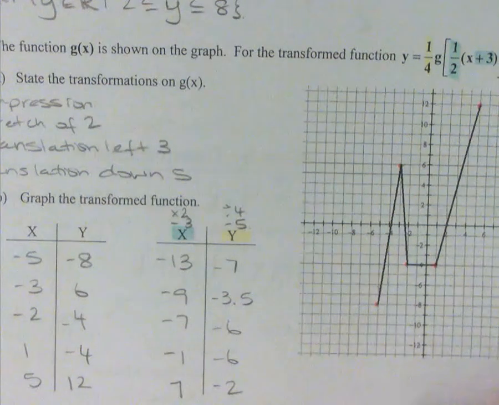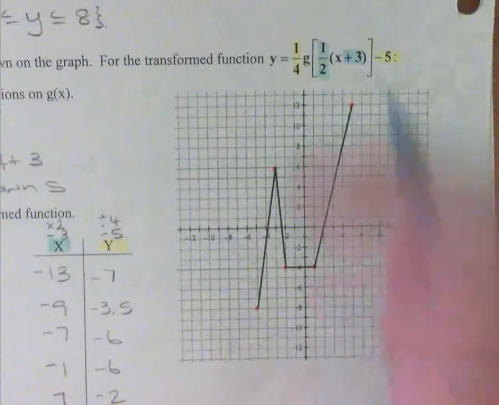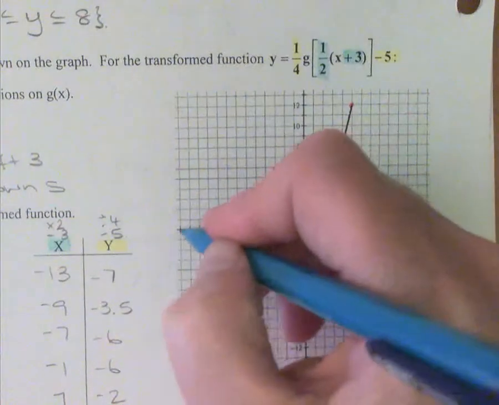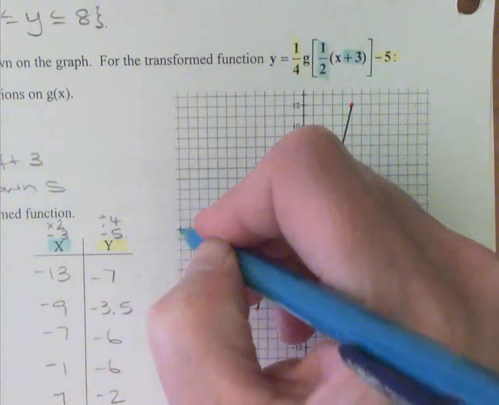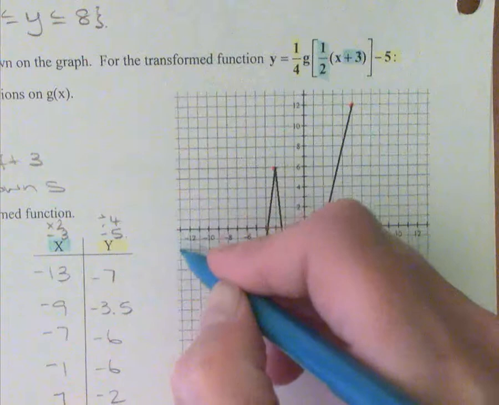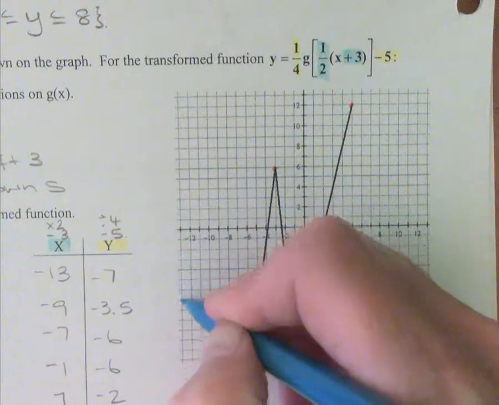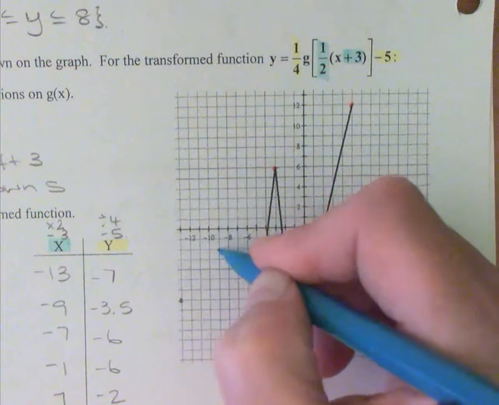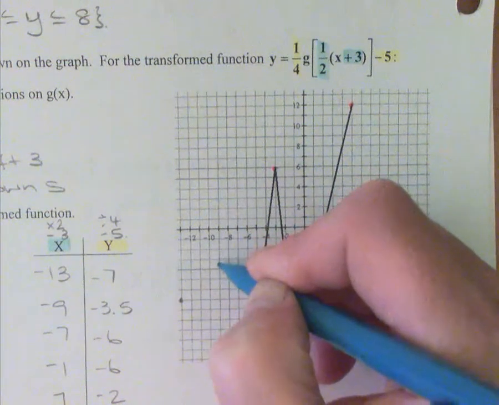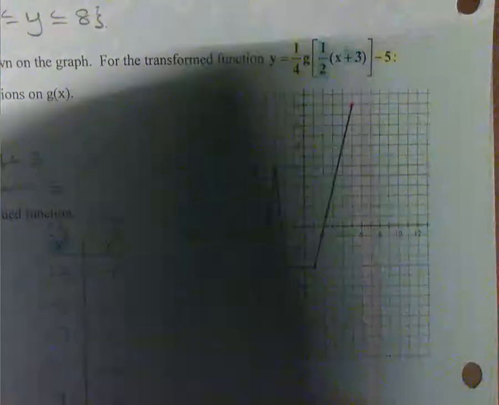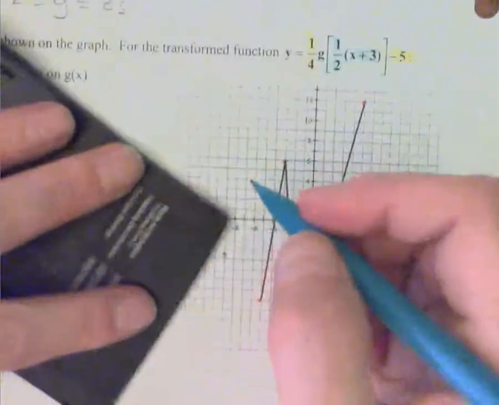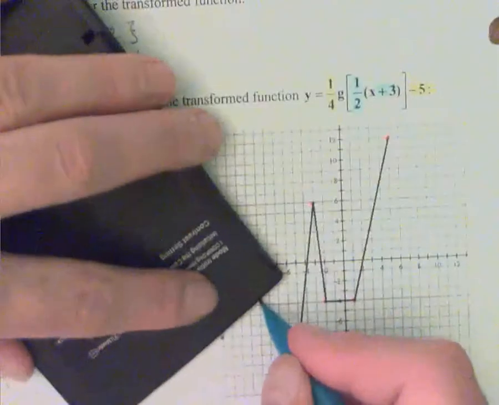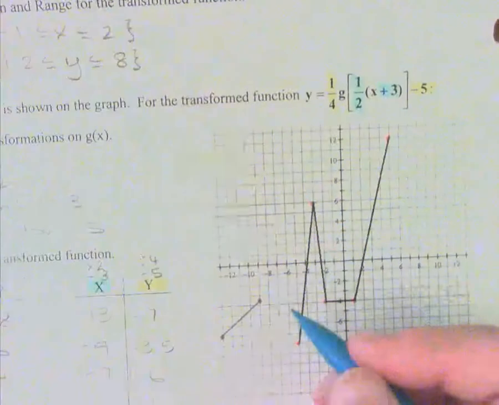Now I can graph these. So we're at -13 and -7, -9 and -3.5. Sometimes if there are many points, graph them as you do them.